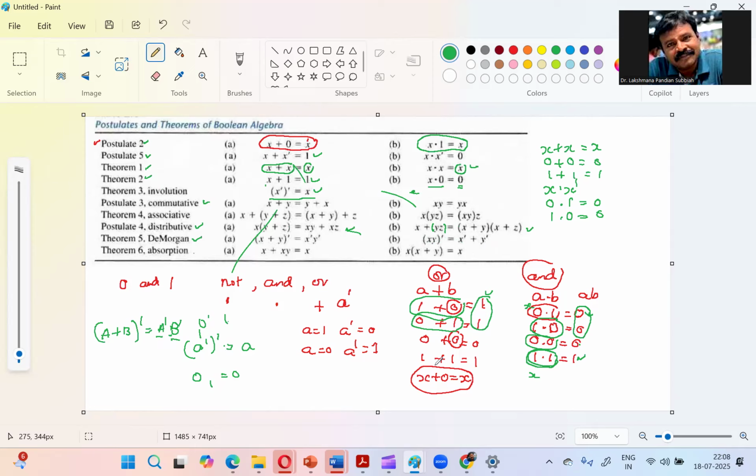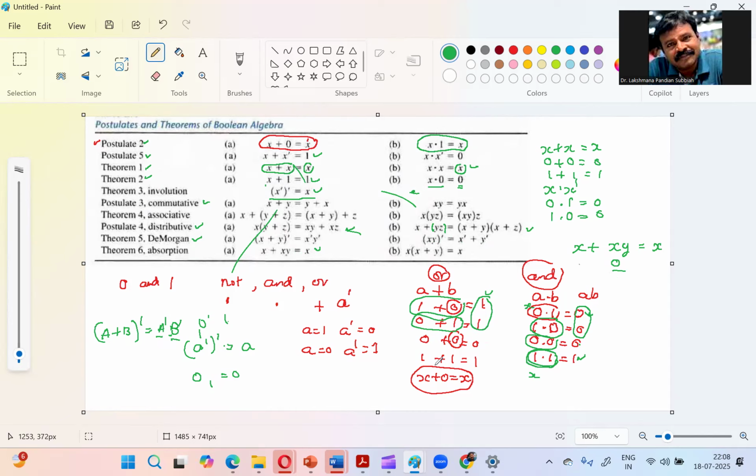Next one is absorption law. Absorption law is x plus xy equal to x. That is here x plus xy equal to x. So how is it? If x is 0, the result is 0, right?